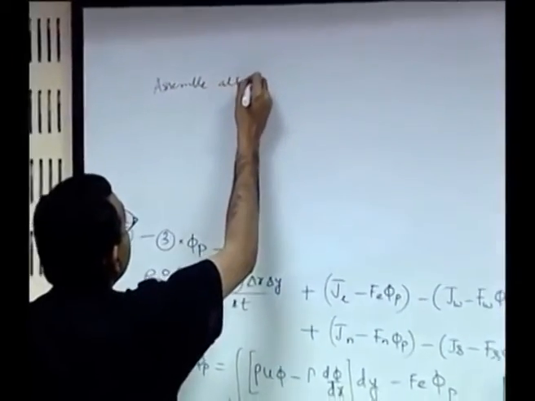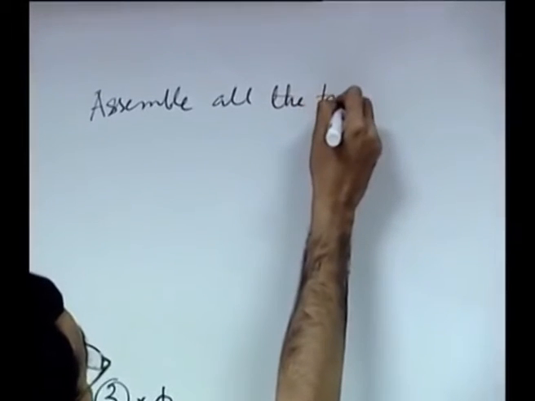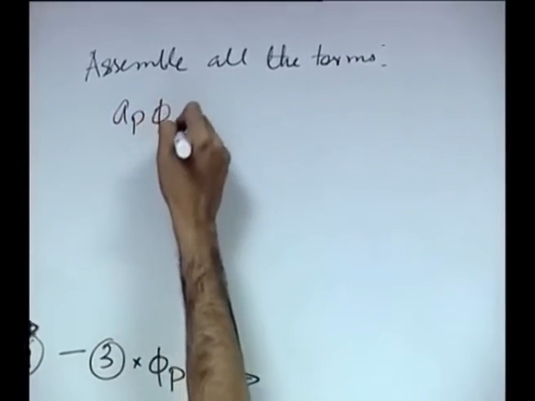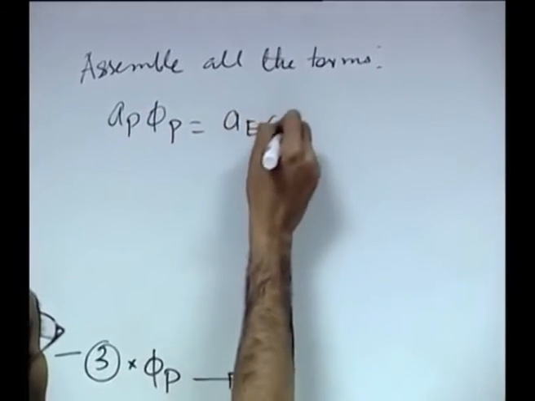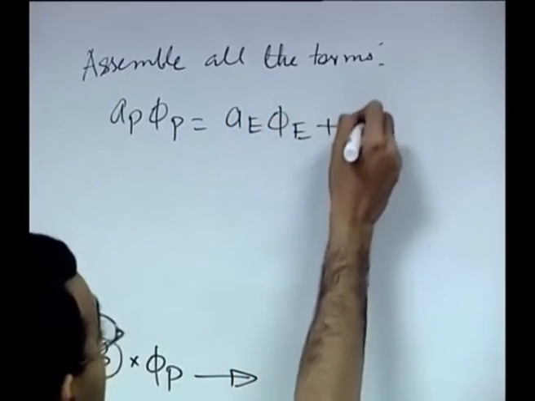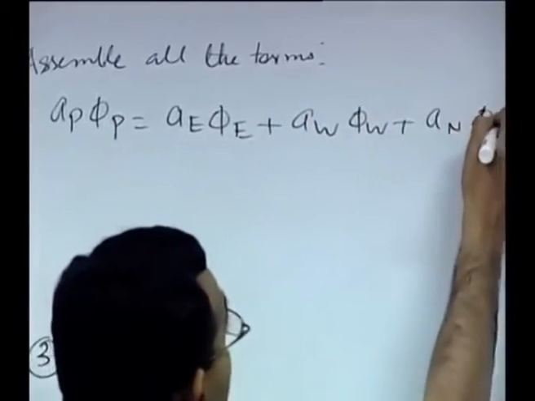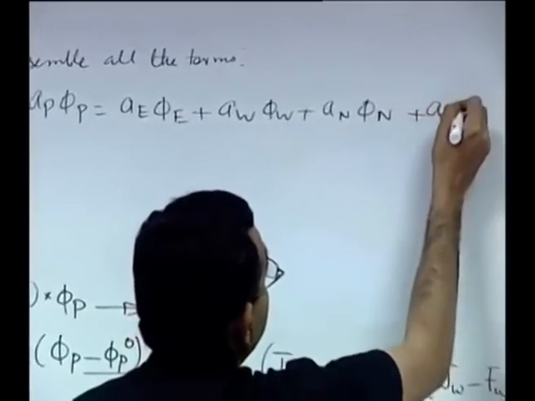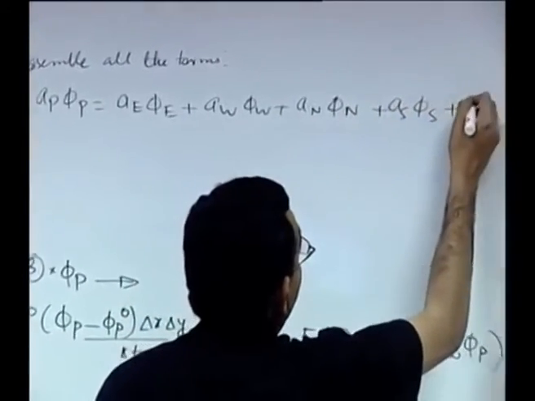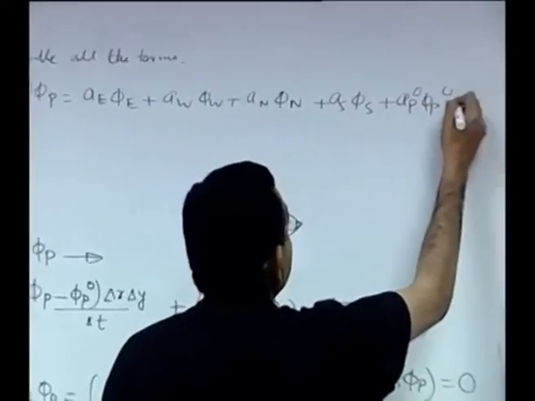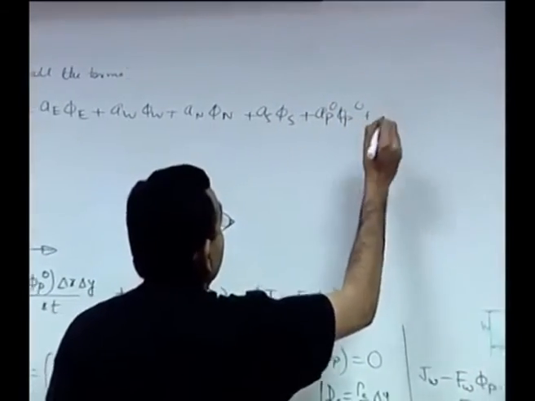Assemble all the terms, you will get AP phi p is equal to AE phi e plus AW phi w plus an phi n plus as phi s plus maybe ap0 phi p0, plus there is no source term here.